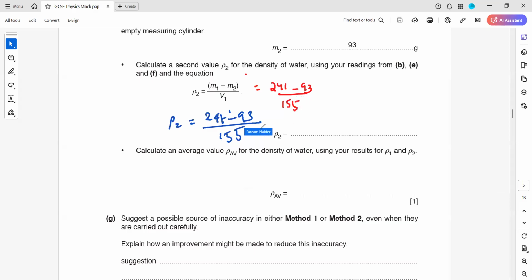Yeah. So what's the answer here? 0.95 grams per centimeter cube. Then calculate the average density of the water using density 1 and density 2. Density 1 was 1.0 and density 2 was 0.95, divided by 2. What is the average for us?